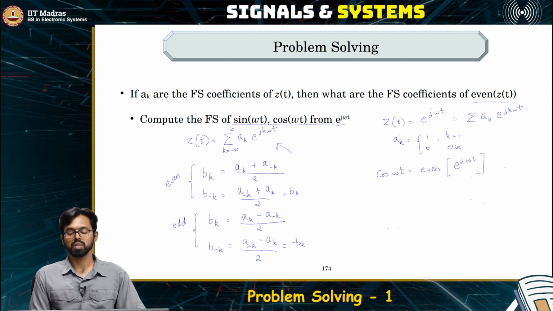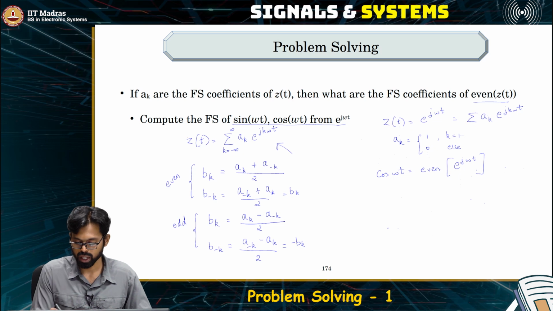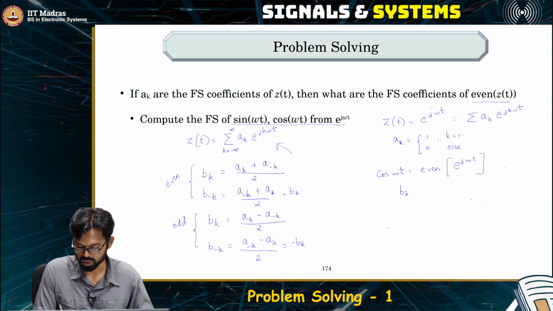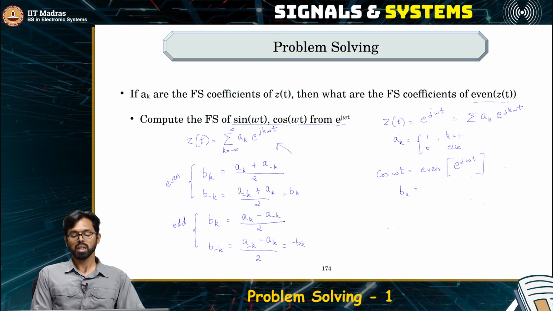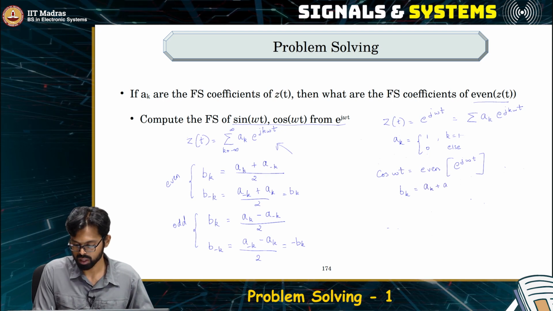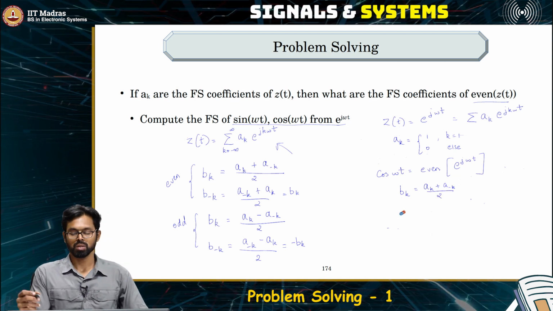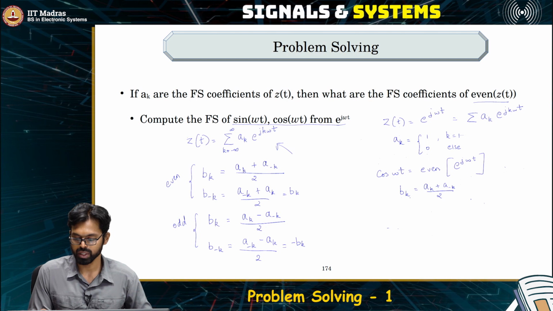So because this is the even part, now what is the Fourier series coefficient of cos omega t? So let's say bk is the Fourier series coefficient. Then we can say that bk is equal to (ak plus a minus k) by 2. Okay. So from this expression, what happens when k is equal to 0?